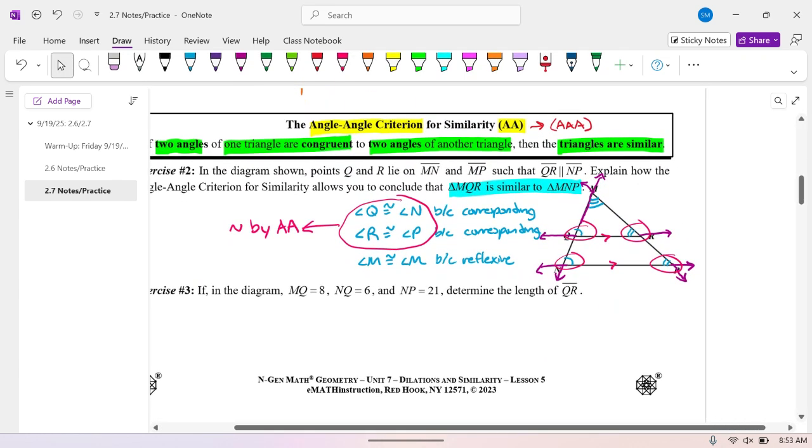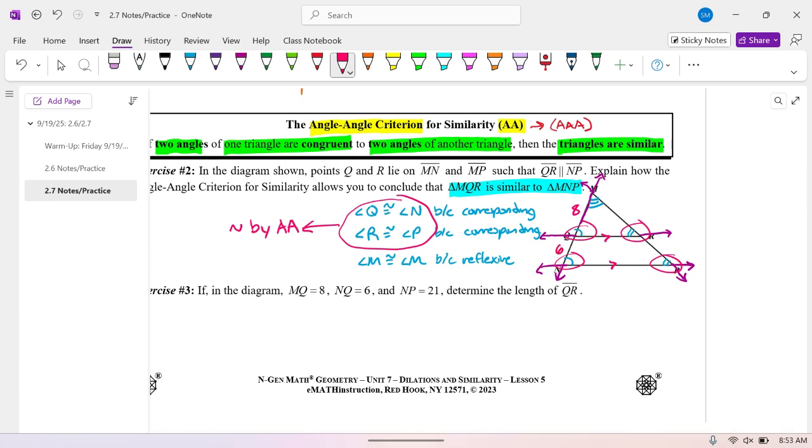Now, if we have the diagram here and MQ is 8, NQ is 6, and NP is 21, they want to know the length of QR. So they want to know this length right here. How could I figure this out? So we know that the sides have to be what to each other?